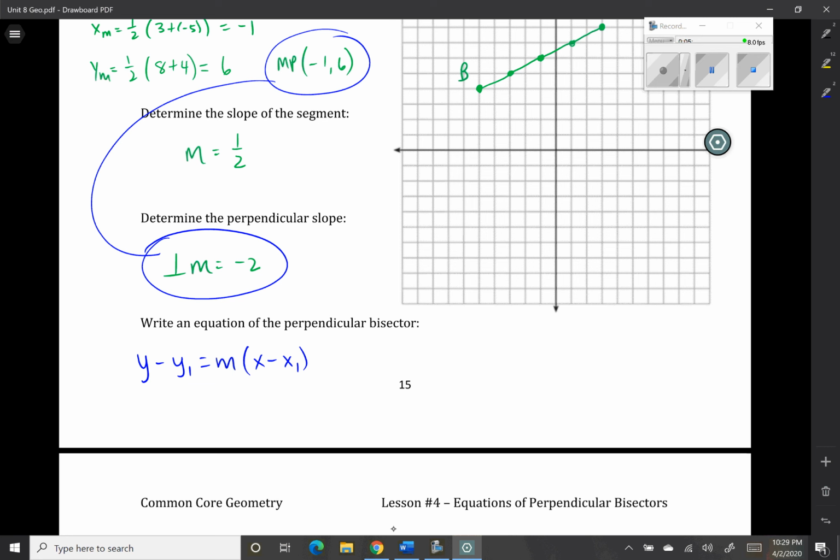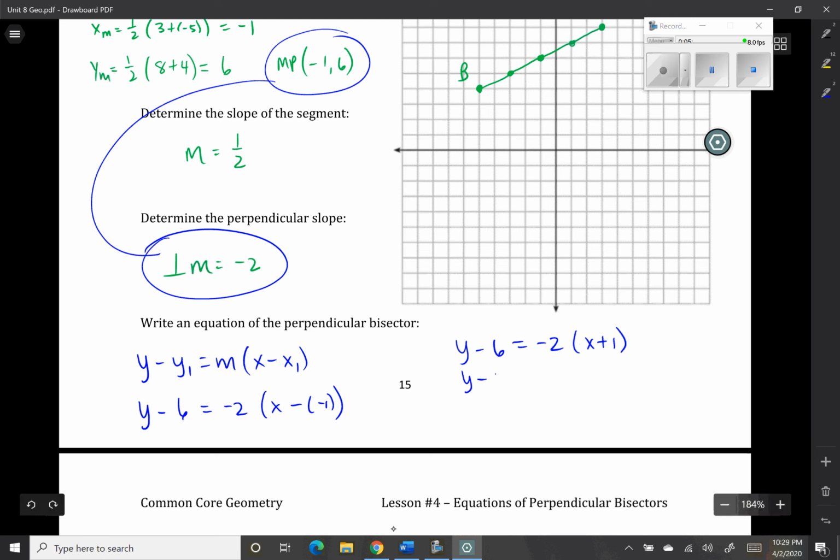So if I plug in what I know, the y value is 6, the m value is -2, and the x value is -1, double negative there. So let's clean up that double negative. So I have y minus 6 equals -2 times x plus 1. Totally leave it like that. Or if I want to, I could distribute.